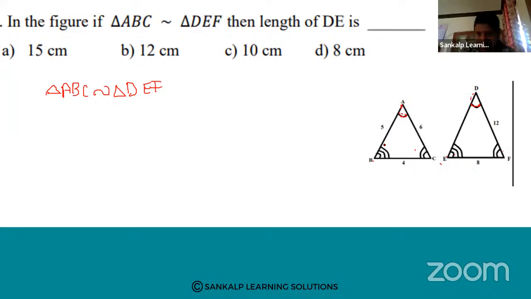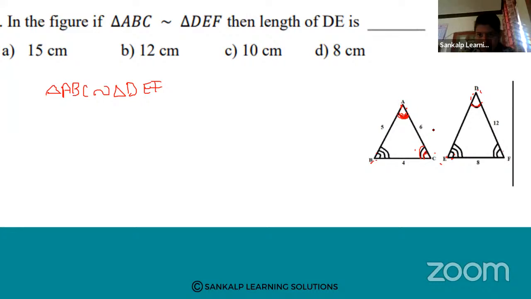So AB divided by DE. Here there is one line, here there are three lines. Therefore the corresponding sides are AB divided by DE, BC divided by EF, AC divided by DF. Right? Here two lines are there and here one line is there.